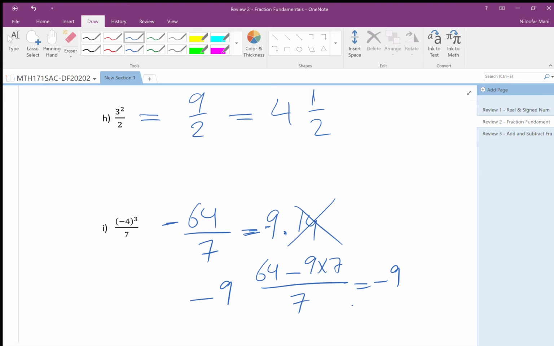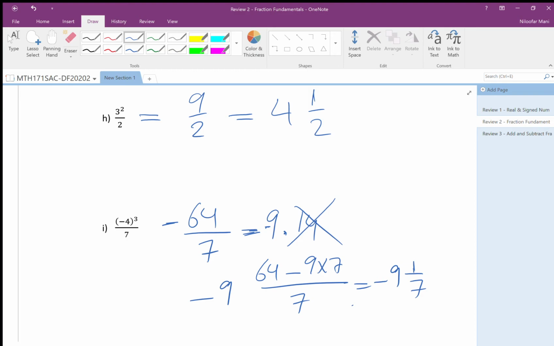So 1 is 1/7. Okay, so 1/7. So again, negative, I just keep it out.